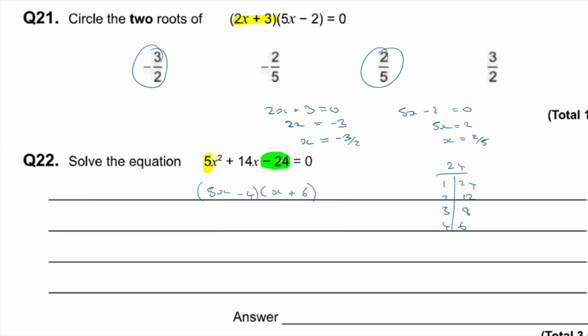So if I put the 4 here and the 6 here, so that's going to give me 5 times 4 is 20, minus 6 times 1 is minus 16. That will work. Okay, so it's that combination. Took me a time to find that one, but that's kind of how you have to do it. You have to just try different pairs in different positions until you find the pair that works. Okay, quite tricky that one. (5x minus 6)(x plus 4).